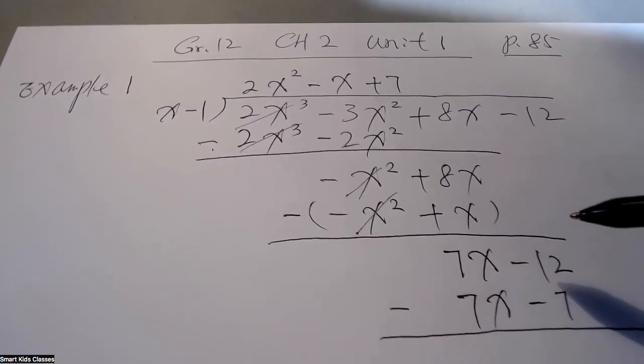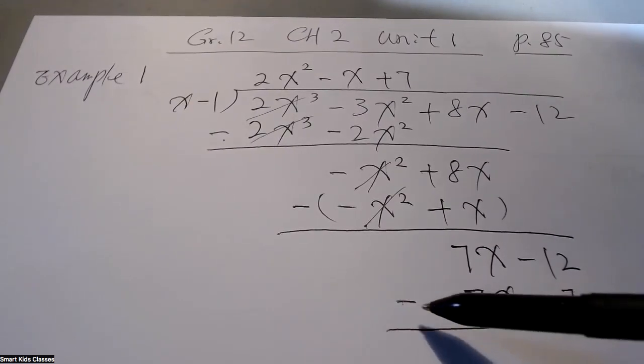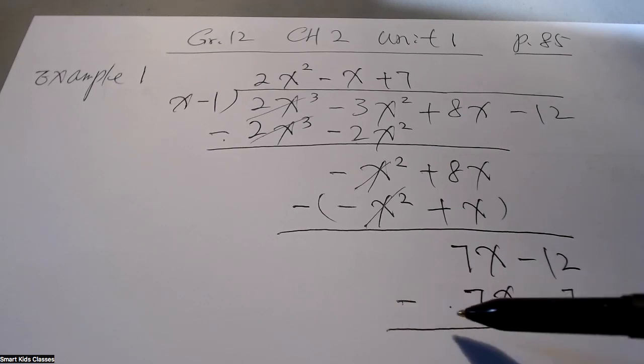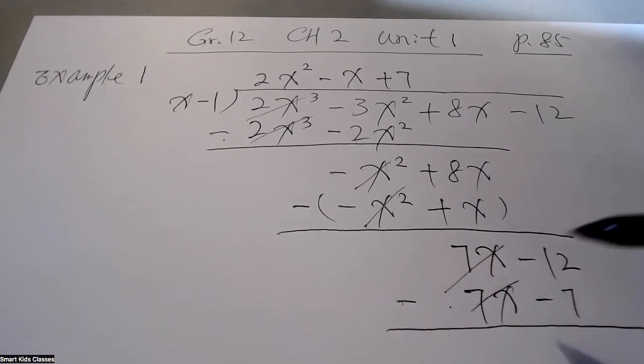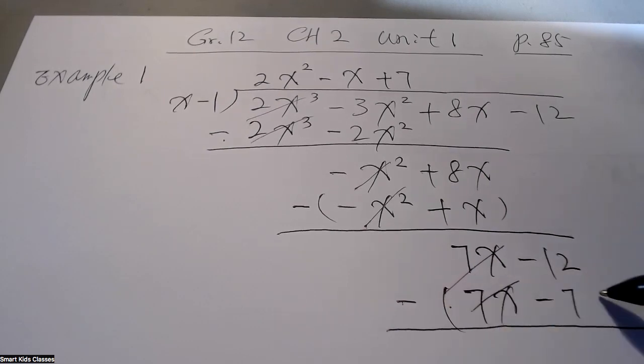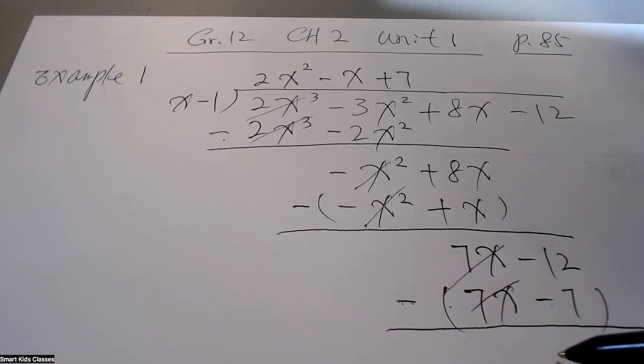When we subtract, we change the sign of the terms. Negative 12 minus negative 7, we get positive. So negative 12 minus positive 7, you get negative 5 as the remainder.